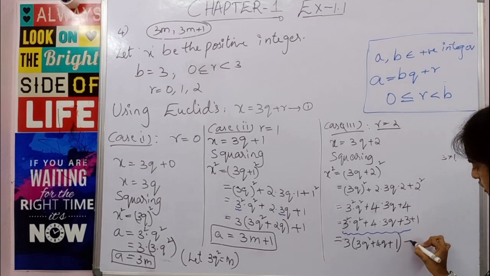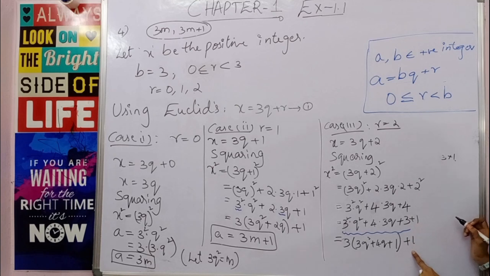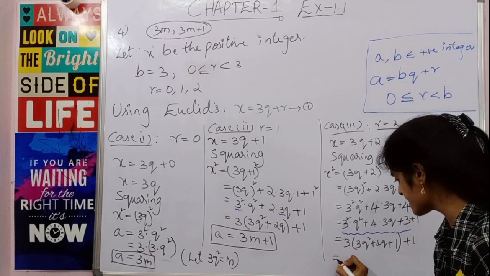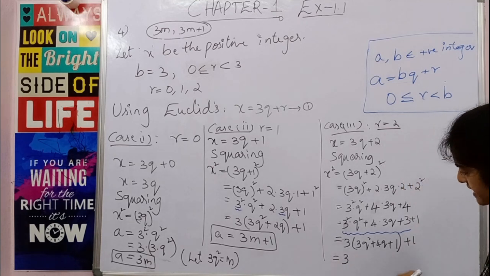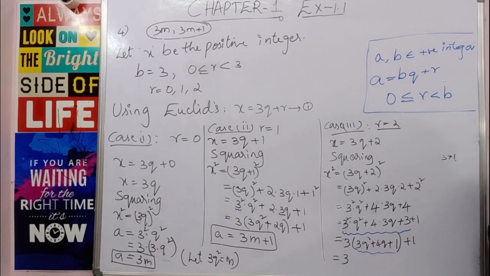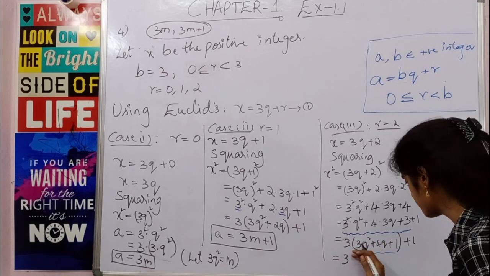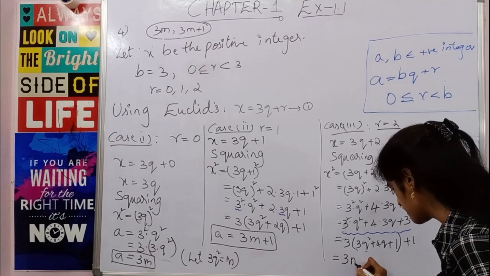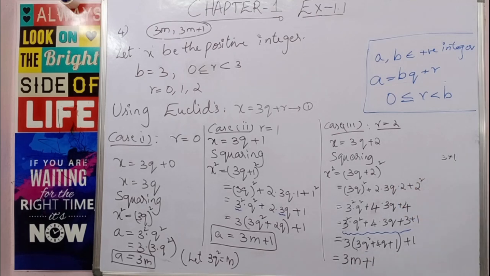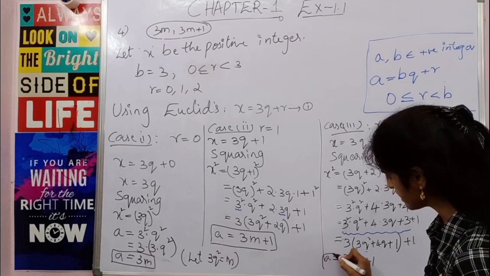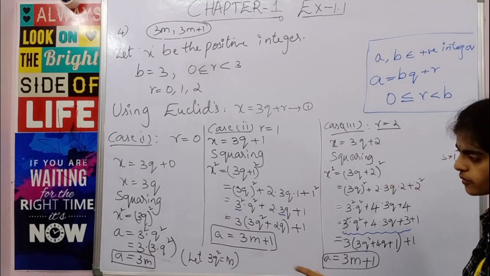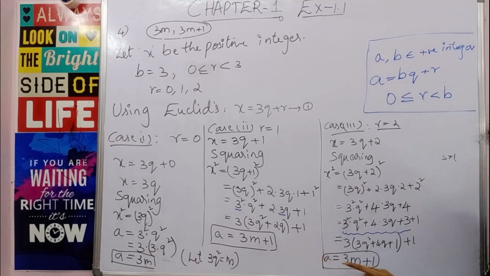Okay, and you have plus 1 here, bringing down. Okay, so this is nothing but 3 into, now this entire thing you consider it as m. Okay, like in the previous case, if you consider this entire thing as m, so this is 3m plus 1. Okay, the same thing you got, right? So square of any positive integer you got it either of the form 3m or 3m plus 1.